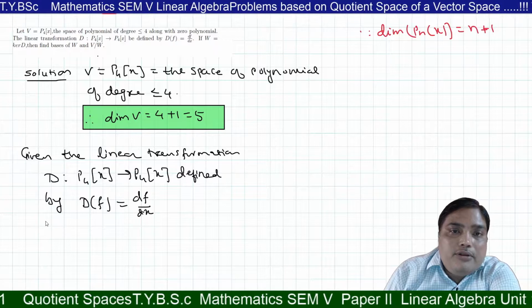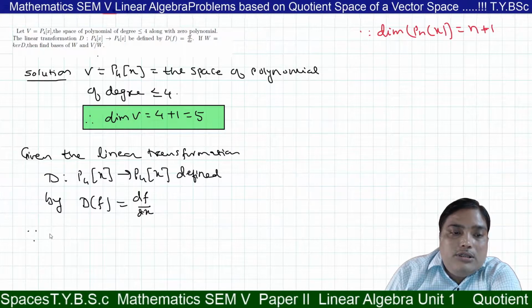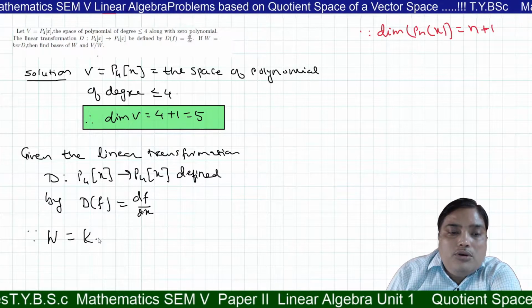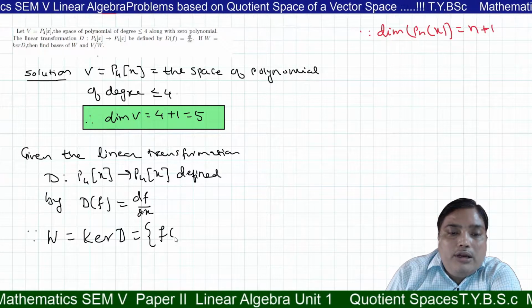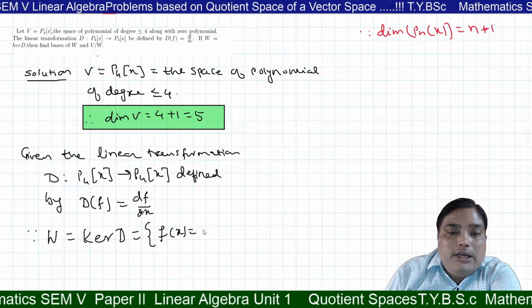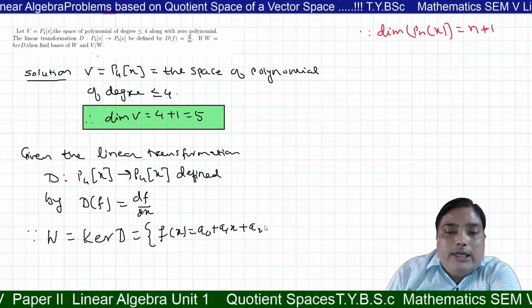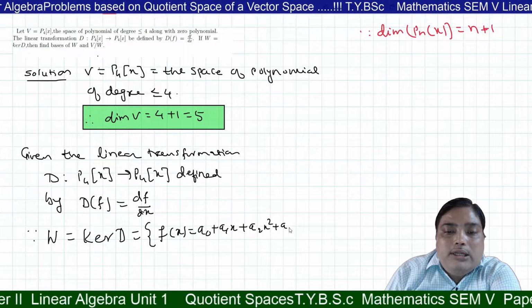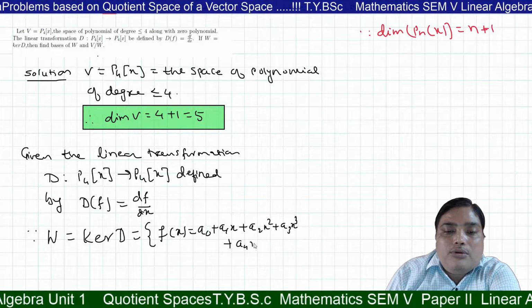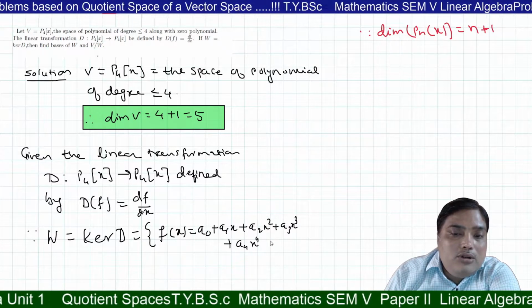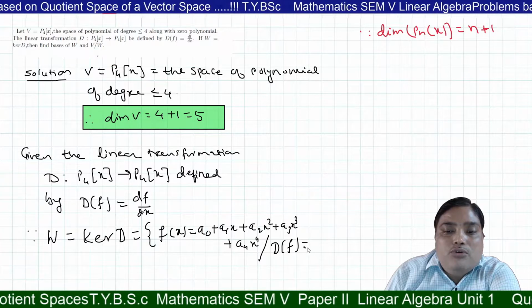Now let us first find the basis for W. Since W is equal to the kernel of D, how is the kernel defined in this case? It is the set of all polynomials f(x) of the form a0 plus a1x plus a2x square plus a3x cube plus a4x to the 4, a polynomial of degree less than or equal to 4, such that Df equals the 0 polynomial.